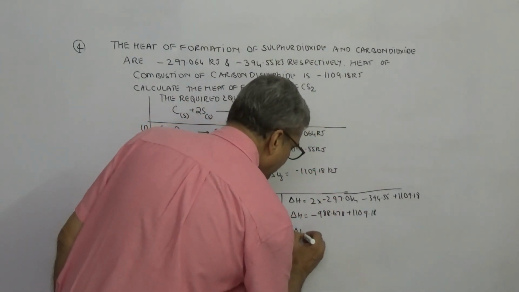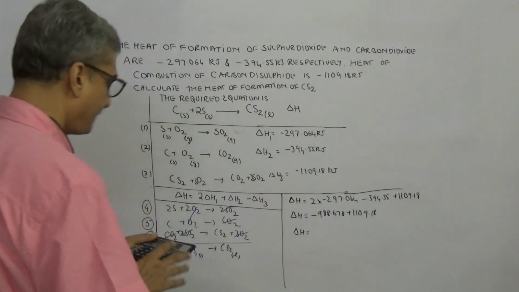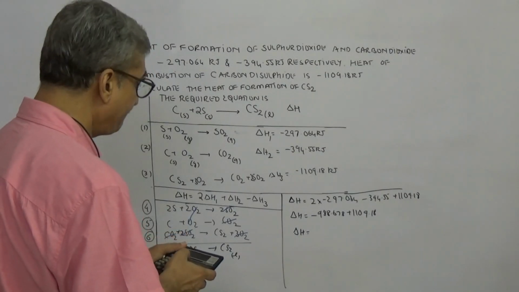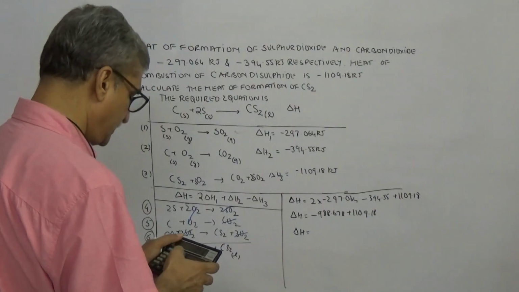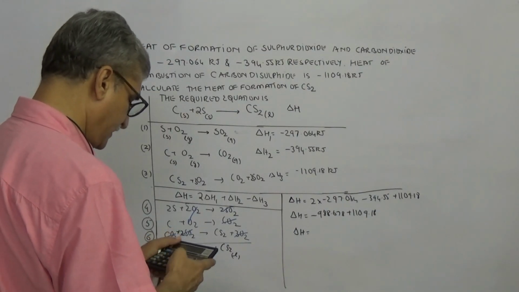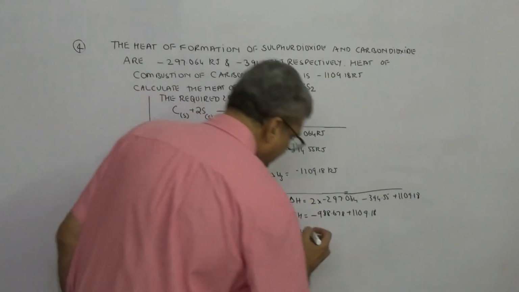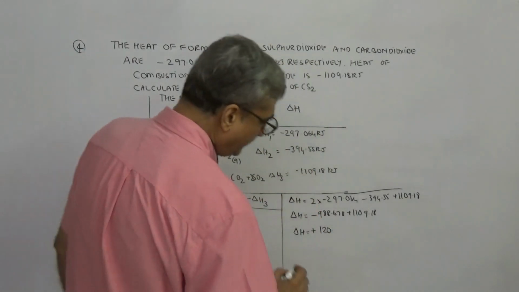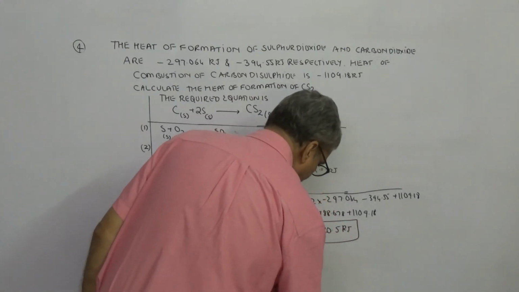So this delta H value will be equal to, let's calculate, 1109.18 minus 988.678. So that is 120.5 kilojoule. So this delta H is plus 120.5 kilojoule. So this is our answer.